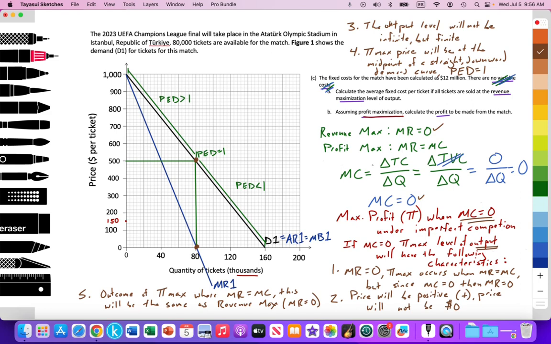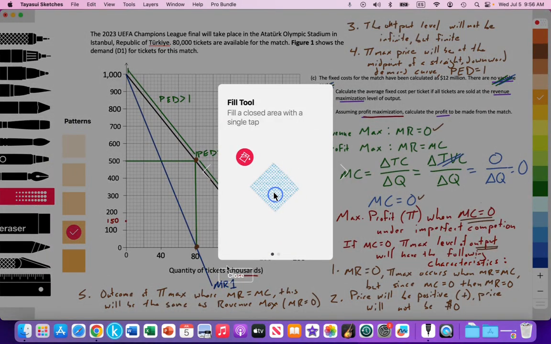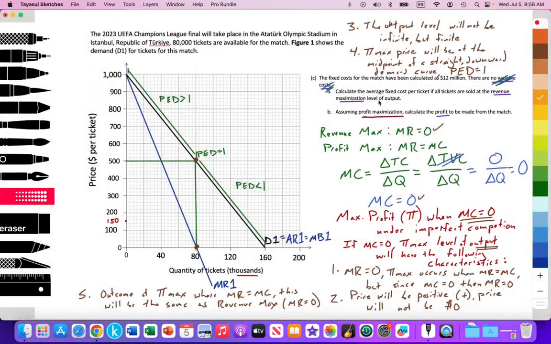So all of this is basically telling us, all right, with this little hint embedded in the question, since there are no variable costs, that's a signal that the marginal cost of production, the MC curve, is going to be equal to 0. Since it's the change in total costs, and that's essentially the change in variable costs, and there are no changes in variable costs, thus the MC curve is going to be 0.